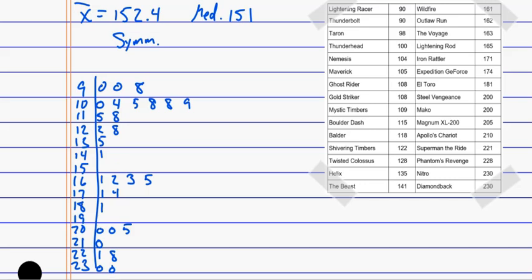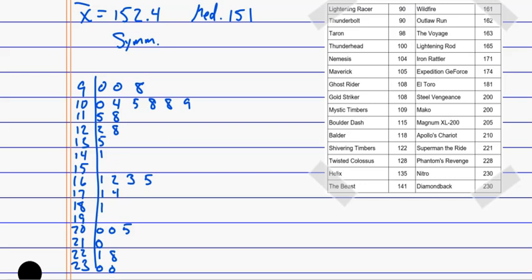Because these values are so spread out, because of the multiple peaks, I was kind of fooled into thinking it was symmetrical based on the mean and the median, when really, as I'm looking at the shape from my stem plot, it doesn't look as symmetrical as I thought it would be. And so right away, I don't even need to check the empirical rule here.